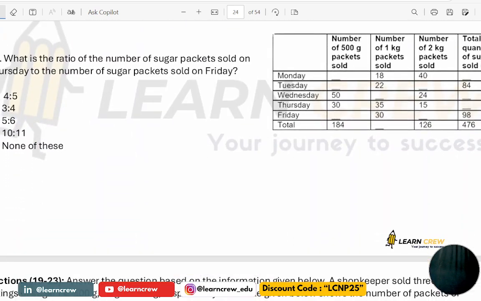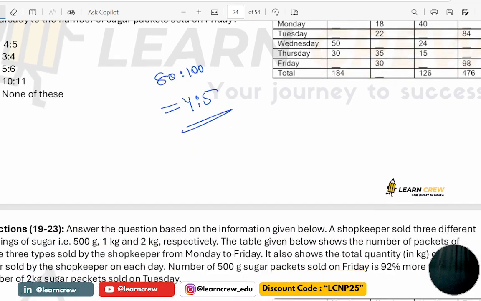Question number 21. What is the ratio of number of sugar packets sold on Thursday to the number of sugar packets sold on Friday? It's a direct question, which is 80 is to 100. We have already calculated, which is 4 is to 5.